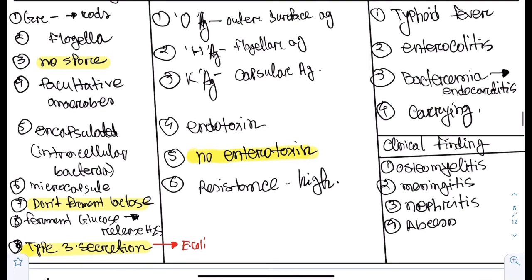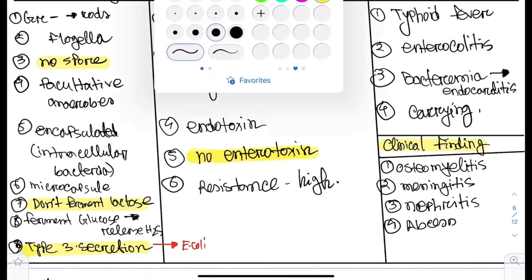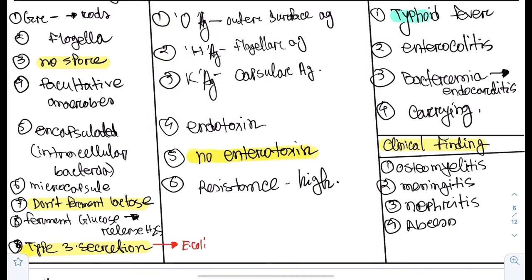And the main thing we need to discuss is the diseases and also clinical findings. I have said that salmonella causes typhoid fever and also enterocolitis, which is also known as food poisoning. If someone is having bad cramps in the stomach, or vomiting a lot after eating some roadside food, it might be food poisoning.